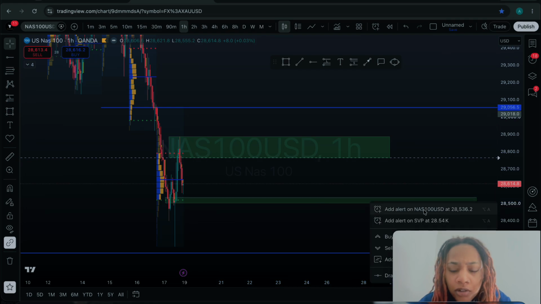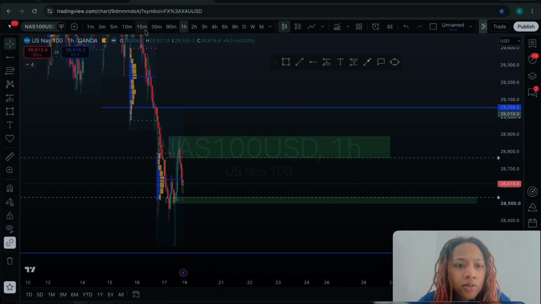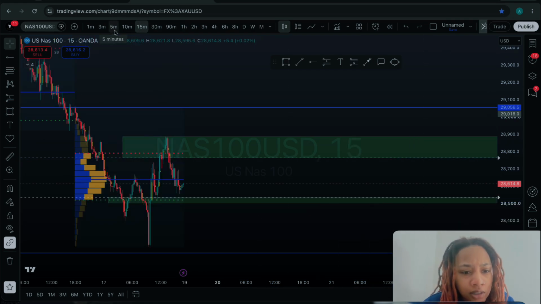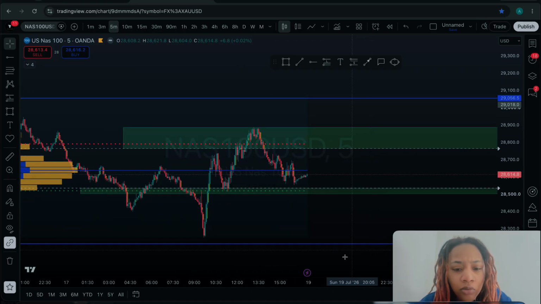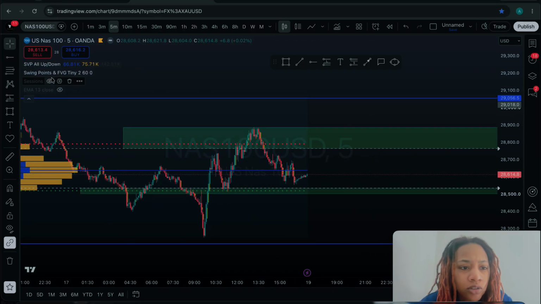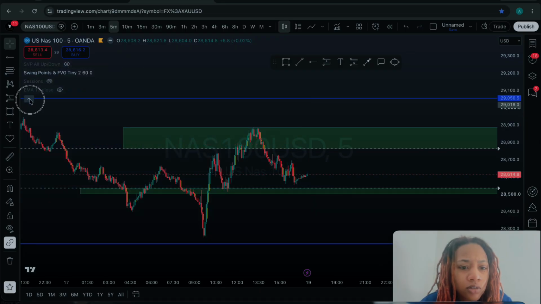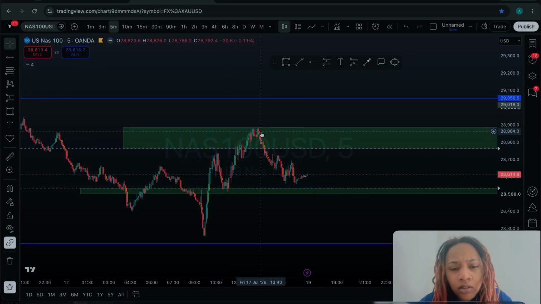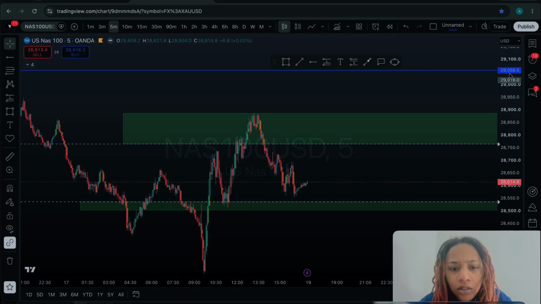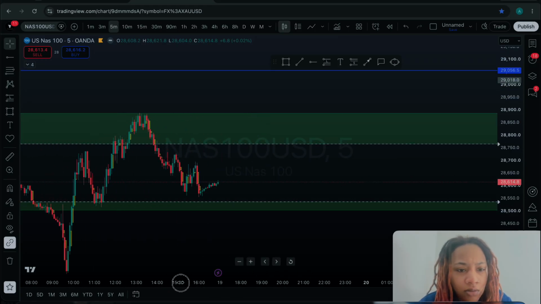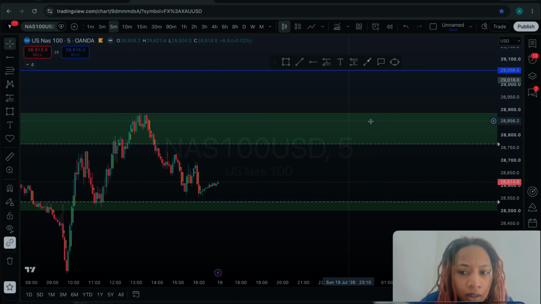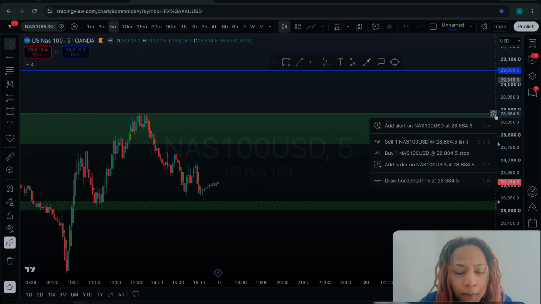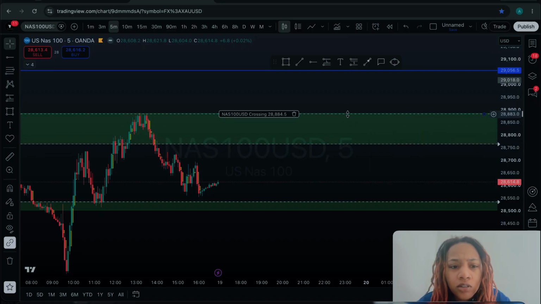Because I am curious. Now if we go to the 5 minute, this will probably matter more when the market's actually open. I'm going to take this off. It may come up to here, and I'm gonna put a note on this alert.